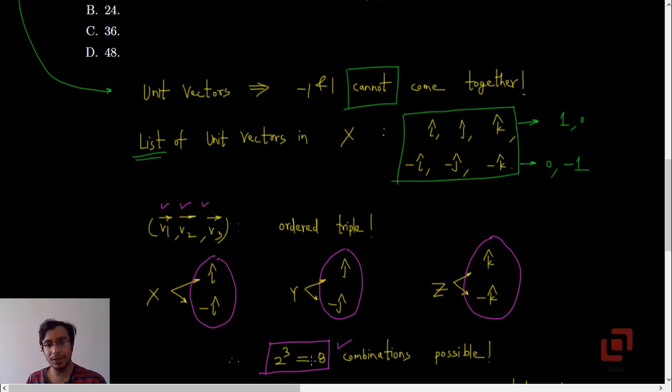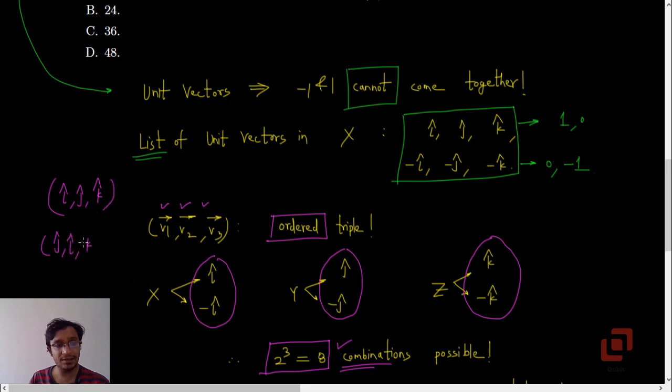Once you understand that there are 8 combinations possible, we will then talk about permutations, because v1 bar, v2 bar, v3 bar is an ordered triple. So if we consider i, j, k to be one of them, then j, i, k is a different triple. That is what we mean by an ordered triple. So if the combinations are 8, can we find the permutations?